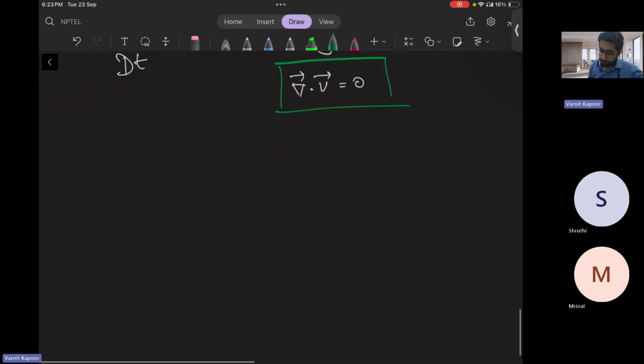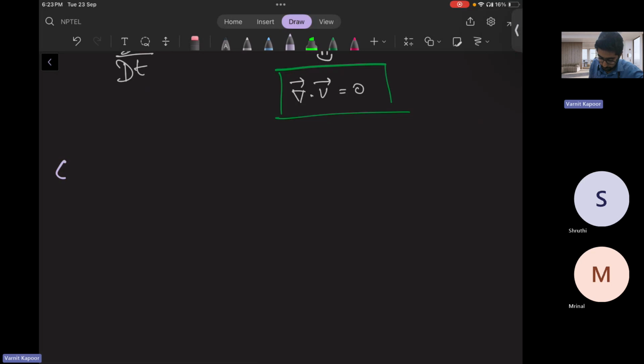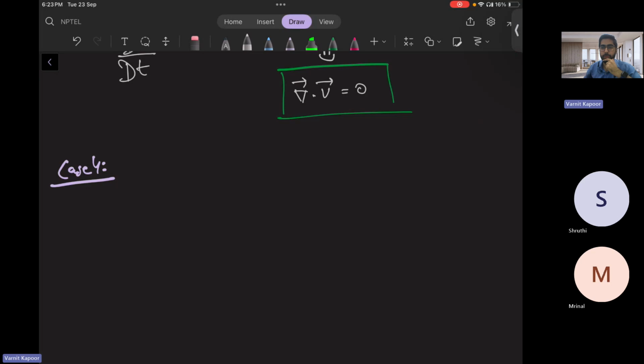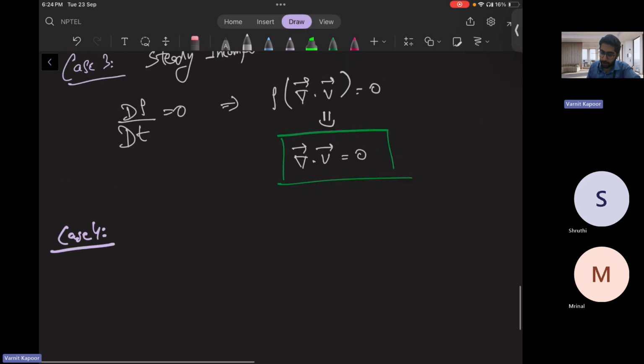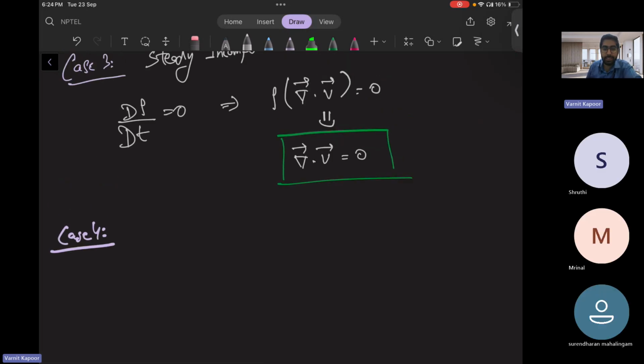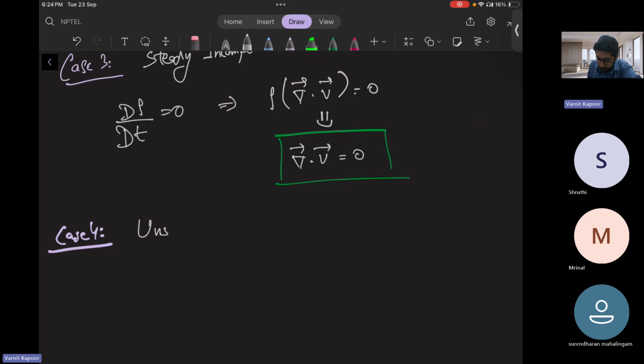And the next case: unsteady incompressible.